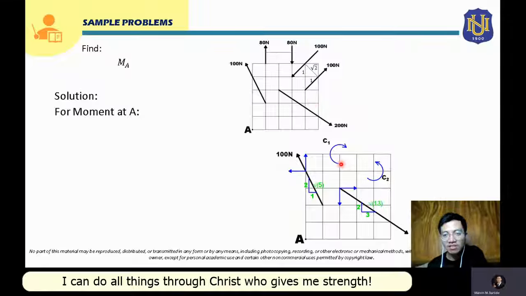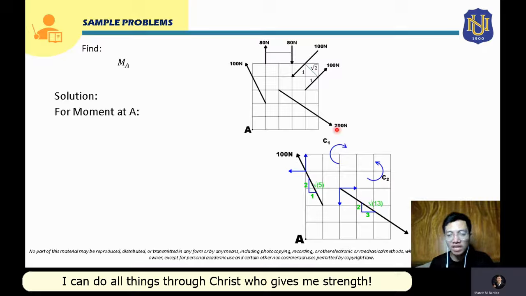So that couple will be clockwise, and we name it C1. Also, the second couple here will rotate this way, right? So this will be counterclockwise, and we name this C2.